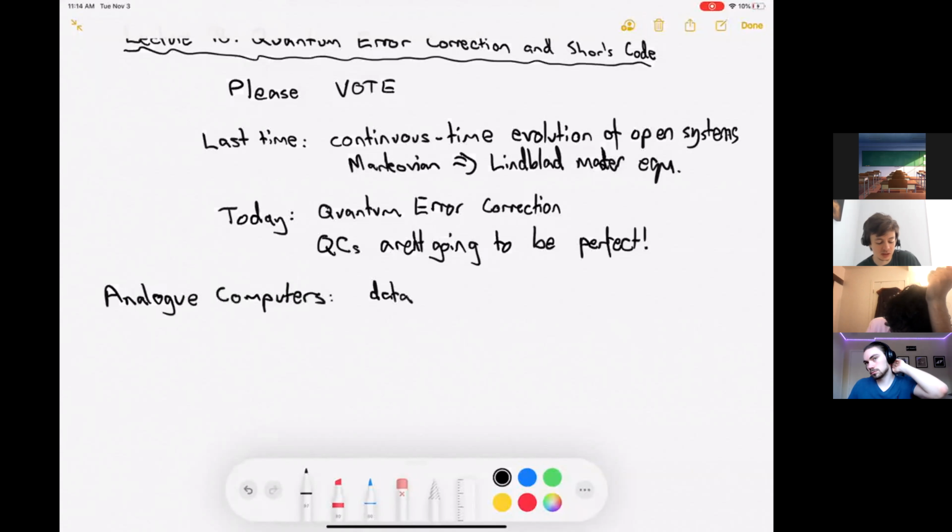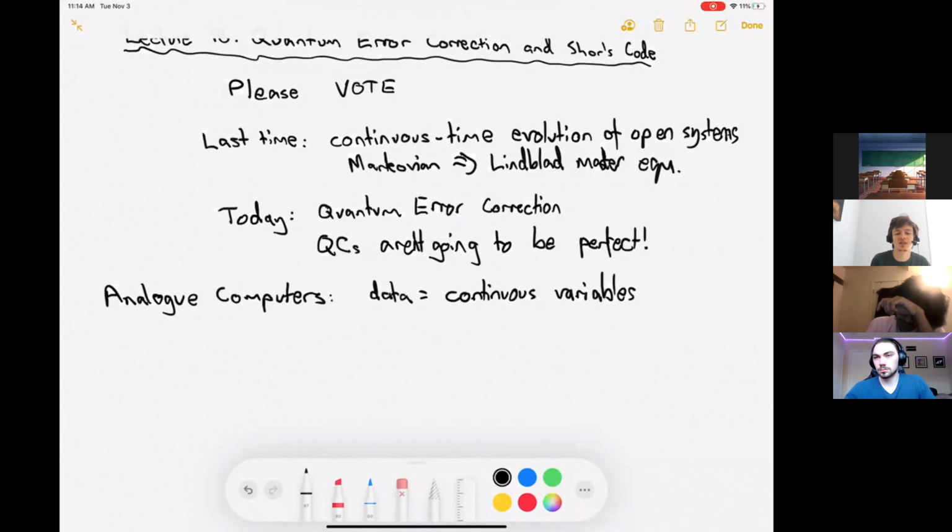So rather than just zeros and ones, classical bits, you store information in, say, the charge on a capacitor, or the exact voltage across something, or you can even have them work mechanically rather than electronically. There are all sorts of ways to do it, but basically they're all about using continuous variables rather than discrete bits.